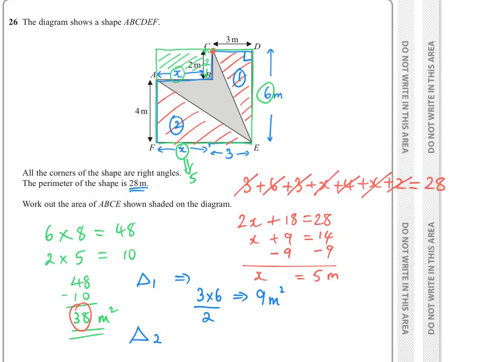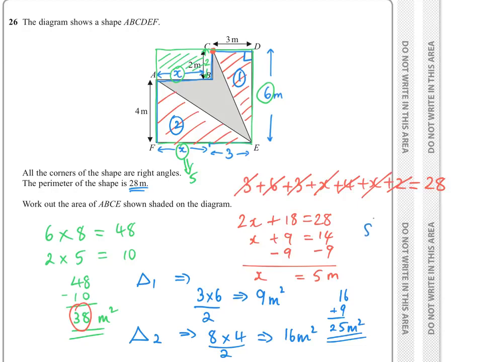And triangle 2, that's going to be base, which is 8, times height, and then halve that, and that's going to be 32 over 2, which is 16 meters squared. So if I add those 2 triangles up, 16 and the 9, that gives me 25 meters squared.